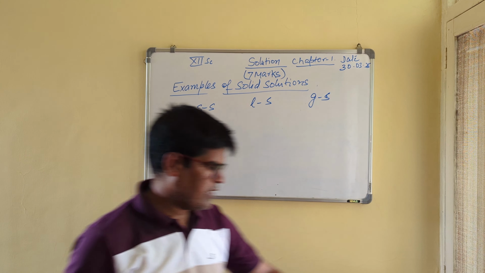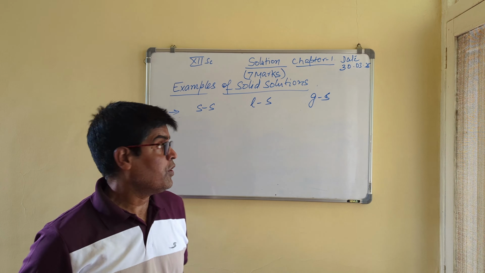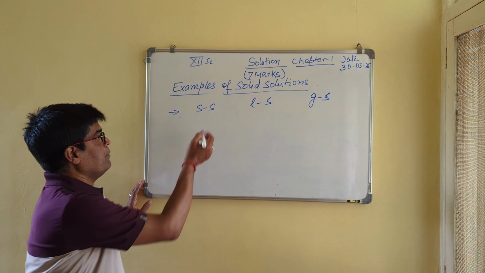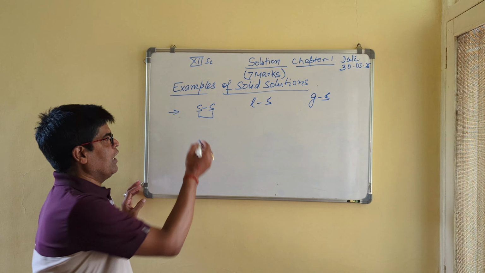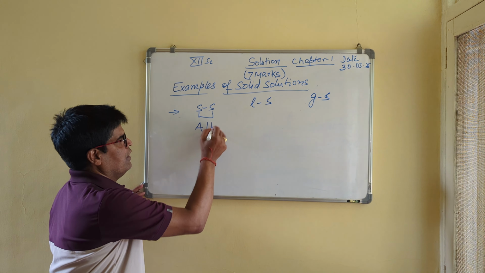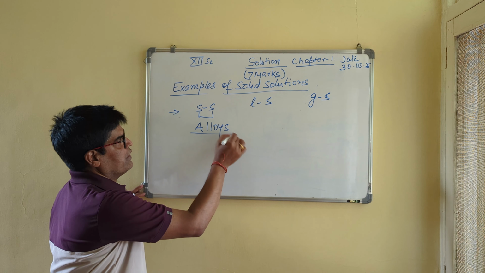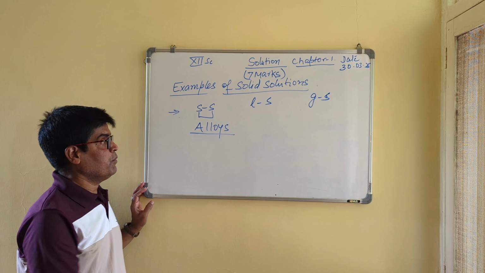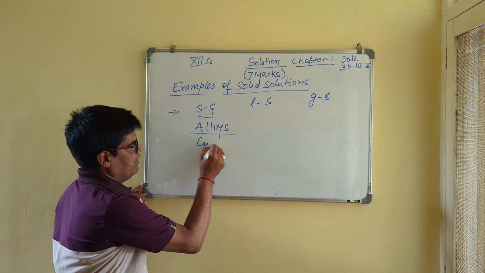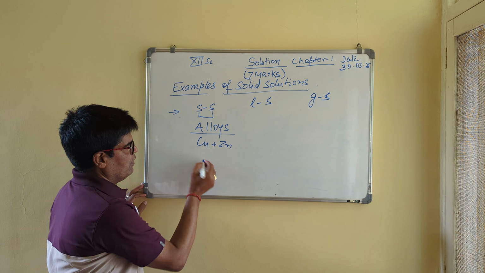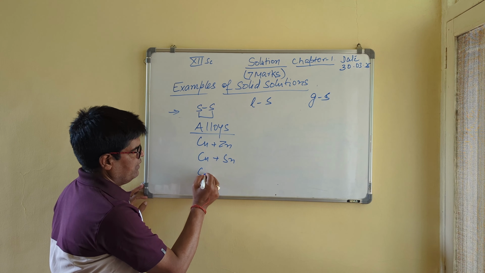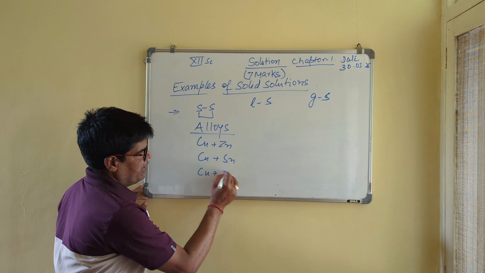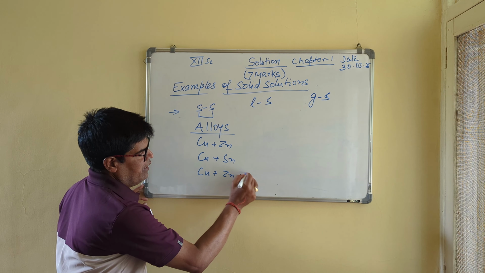Now let us start with examples of solid solutions. Suppose a solid in solid solution is there, then all alloys come under this category. For example, copper plus zinc, copper plus tin, and copper plus zinc plus nickel.